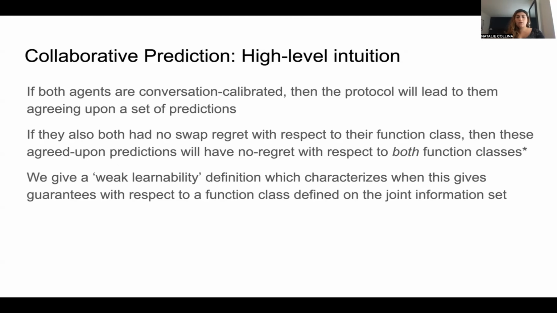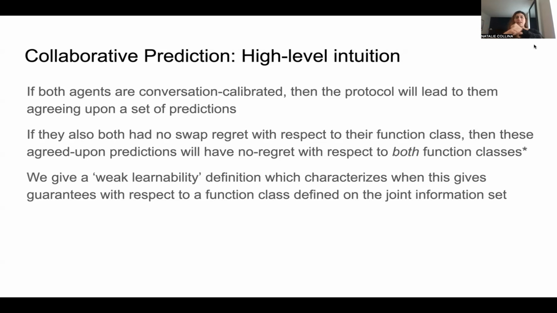So if they have a stronger notion as well of no swap regret with respect to their function class, which I won't define fully for those who don't know, but basically this is just saying, what if both of their sides also had some predictions which gave some guarantee with respect to a function class of predictions? Then these agreed upon predictions would have no regret with respect to both function classes. They would get some joint guarantee on both of the function classes.